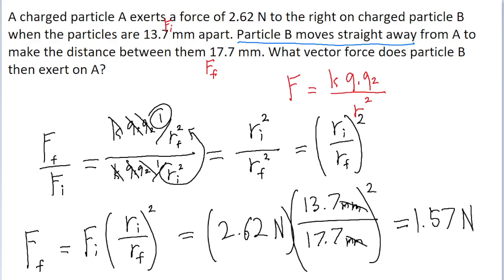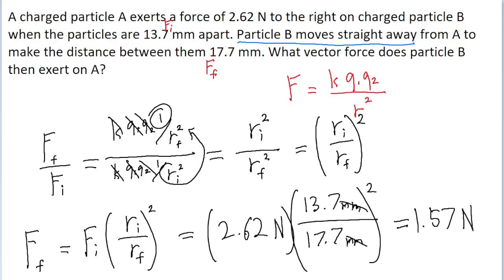So particle A is going to exert a force on particle B that will push particle B to the right, away from particle A. And as per Newton's third law, particle B must be exerting a force on particle A that has equal magnitude but in the opposite direction. So if particle A is pushing particle B to the right, then particle B must be pushing particle A to the left.